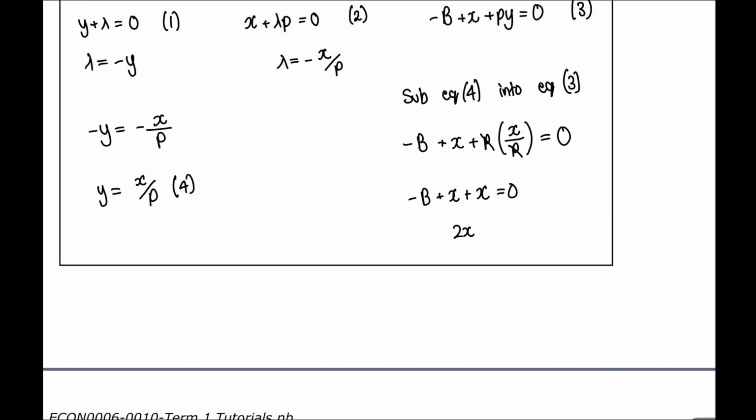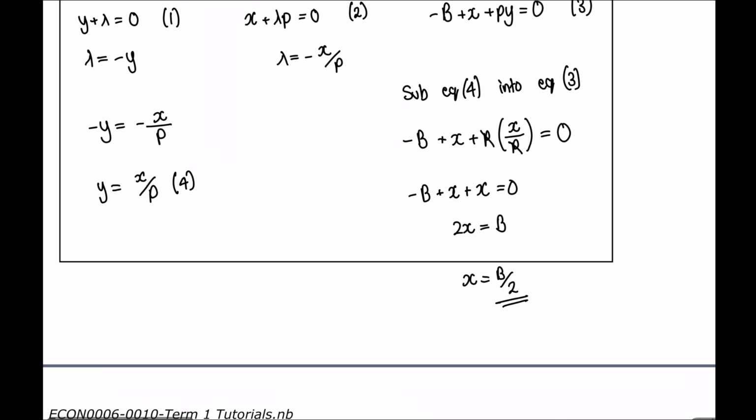So 2x is equal to b if I move that to that side, and x plus x is 2x, and then x is equal to b over 2. Now that we know x is equal to b over 2, we can find out y by using our equation 4. So y is equal to b over 2 divided by p, which is equal to b over 2p. So we get y is equal to b over 2p.